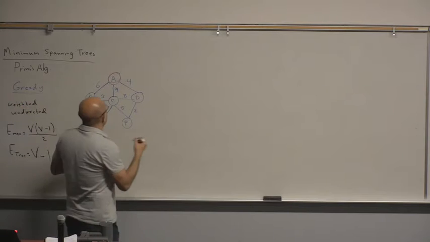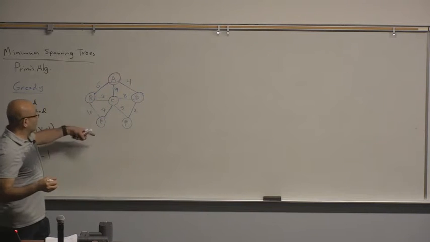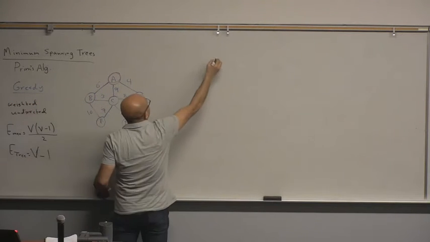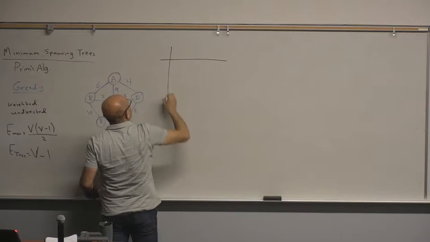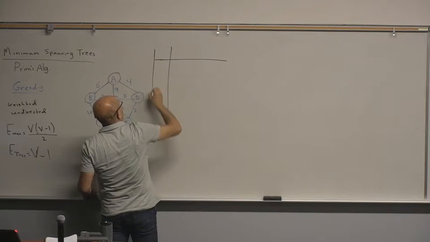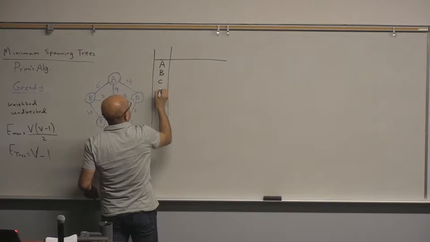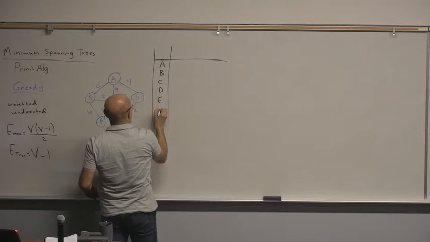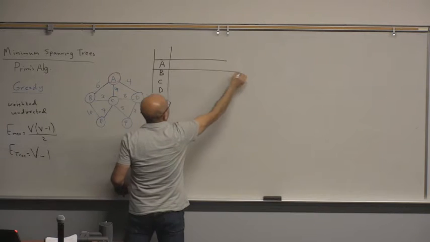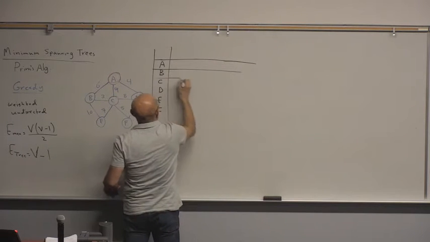So we're going to put all the vertices in a priority queue. So we're going to put all of them, A, B, C, D, E, F, in a priority queue.